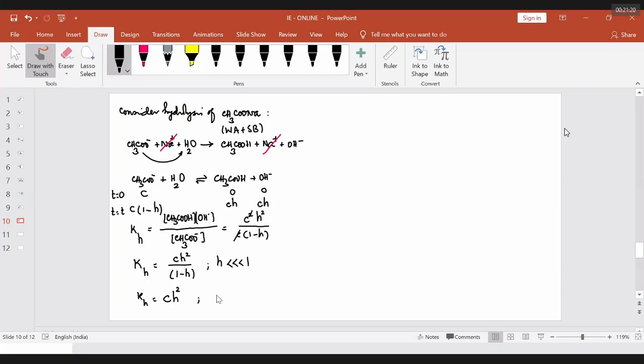Now recall degree of dissociation is under root K by C. Similarly, degree of hydrolysis is equal to under root Kh by C. Right? Small h is known as degree of hydrolysis. This is known as hydrolysis constant. Be careful because some of you may make a mistake.